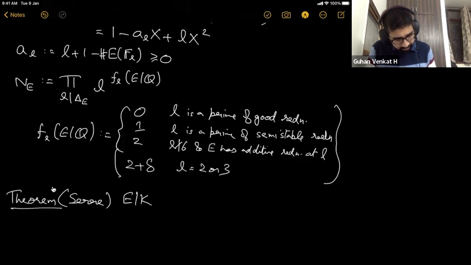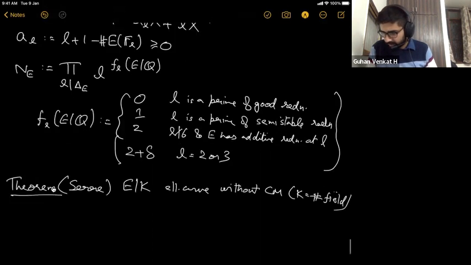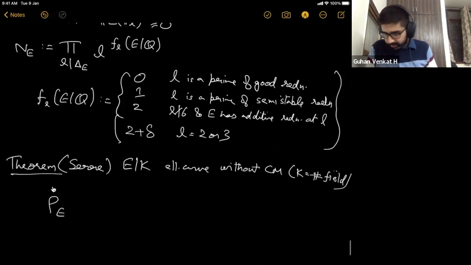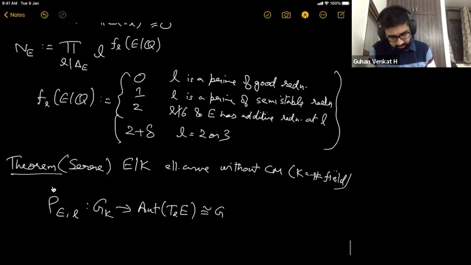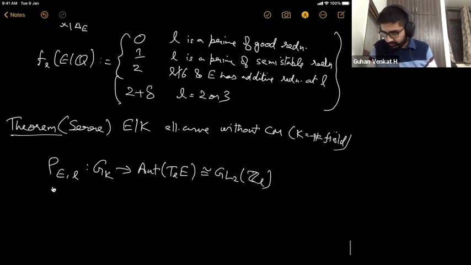So E over K, an elliptic curve without complex multiplication. I won't go into the definition of complex multiplication. Here K is a number field. So we had this rho_{E,l}.